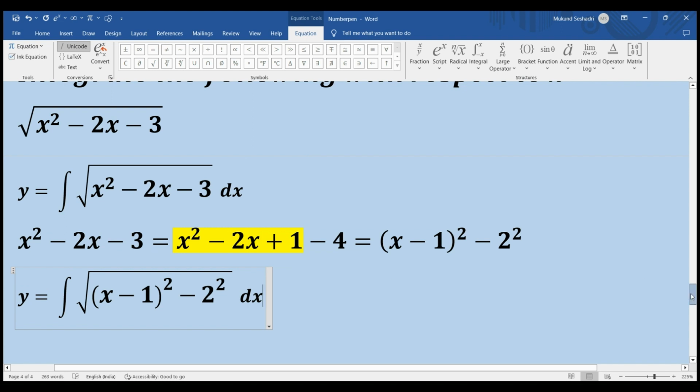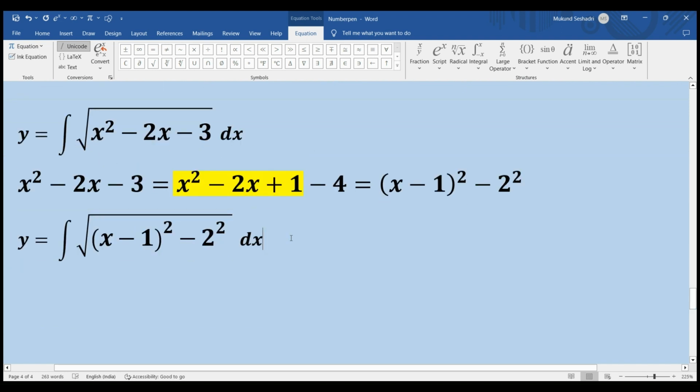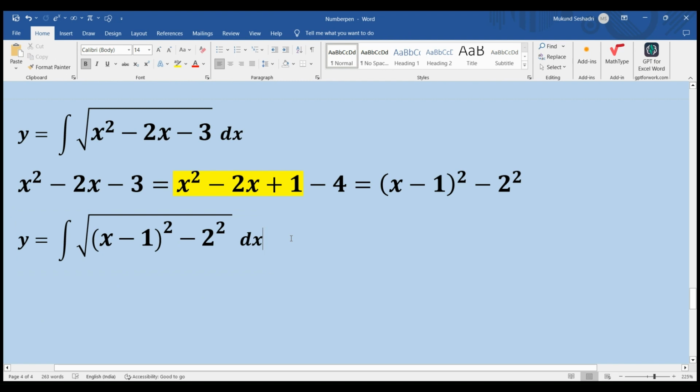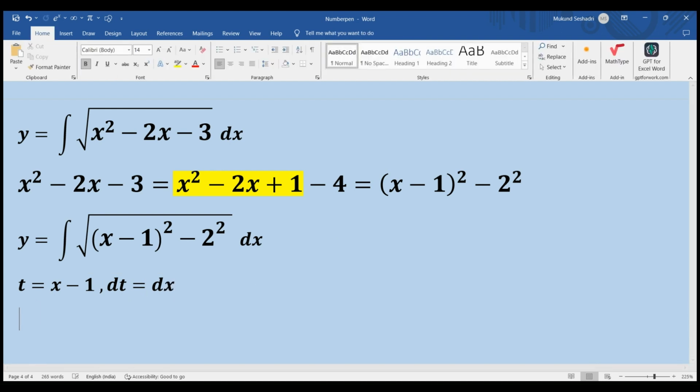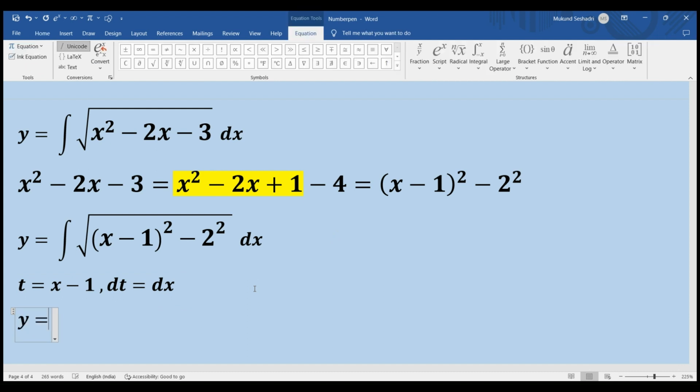So that's my y, and I know that I will have to bring my y to the format square root of x square minus a square, right? Because it's very evident that with the substitution t equals x minus 1, I'll be able to do that, right? So when I do t equals x minus 1, my dt becomes equal to dx.